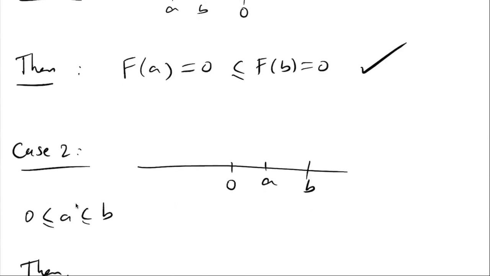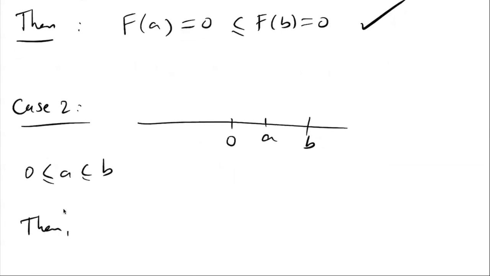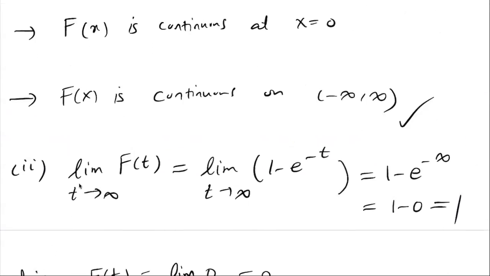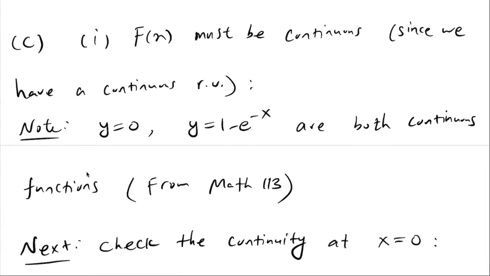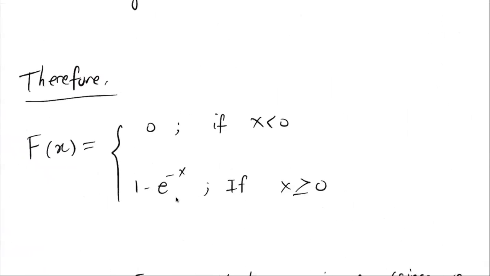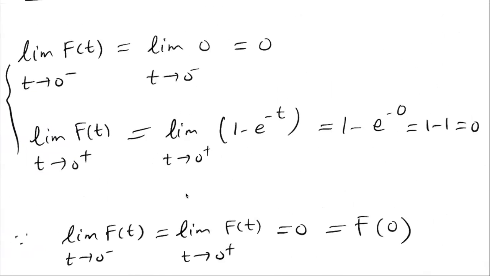And case 2, if a is less than or equal to b, but both bigger than or equal to 0, then what will be the formula for F of a and F of b? Again, remember that the formula for capital F is this. So if a and b are both bigger than or equal to 0, for both of them, I have to use this formula. So F of a would be 1 minus e to power minus a, and F of b would be 1 minus e to power minus b.